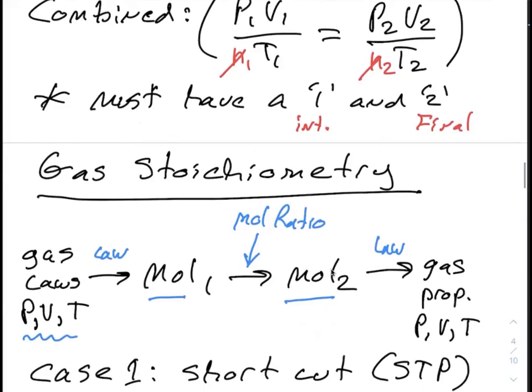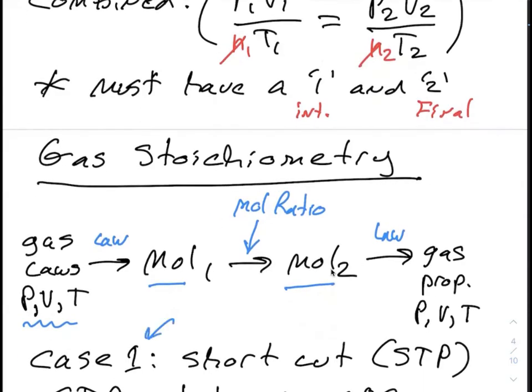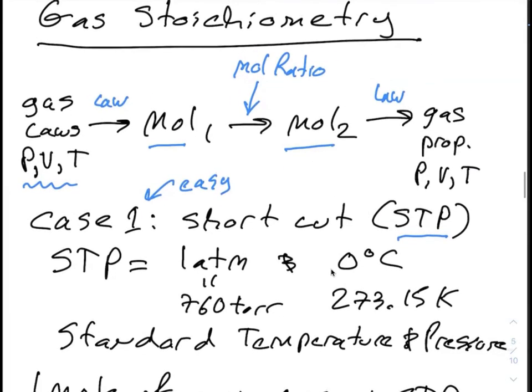Let's call case one. Case one, I think of it as an easier case or a shortcut. Whenever you see the words STP, STP is an acronym. It stands for standard temperature and pressure.